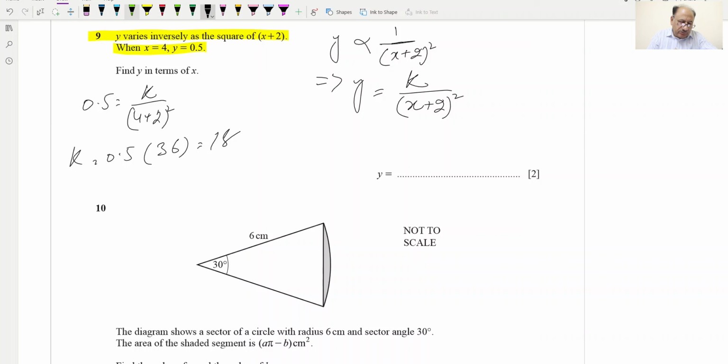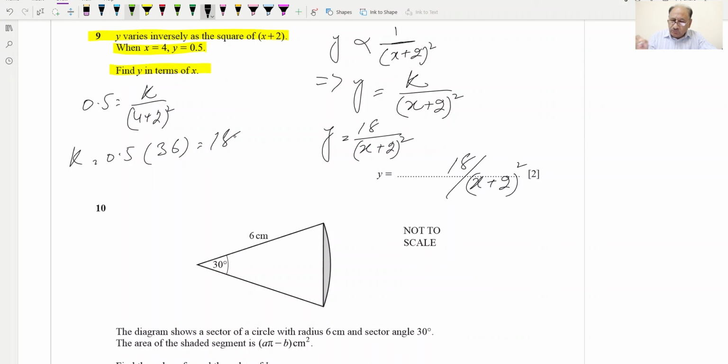Half into 36 will be 18. So k value is 18. Our equation will become y is equal to, they're saying find y in terms of x, so y is equal to 18 over (x plus 2) squared, and this will be our final answer.